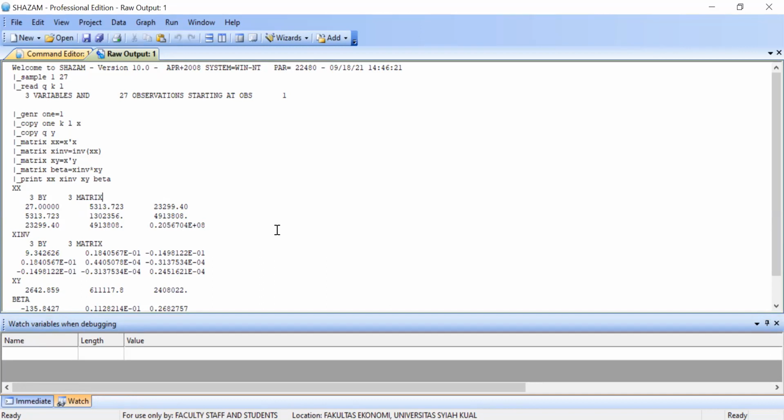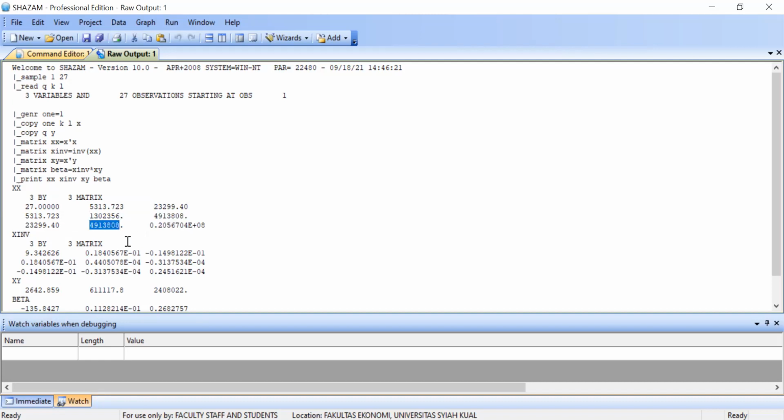This is a symmetric matrix because the element A12 is equal to element A21, element 13 is equal to element 31, and element 23 is equal to element 32.